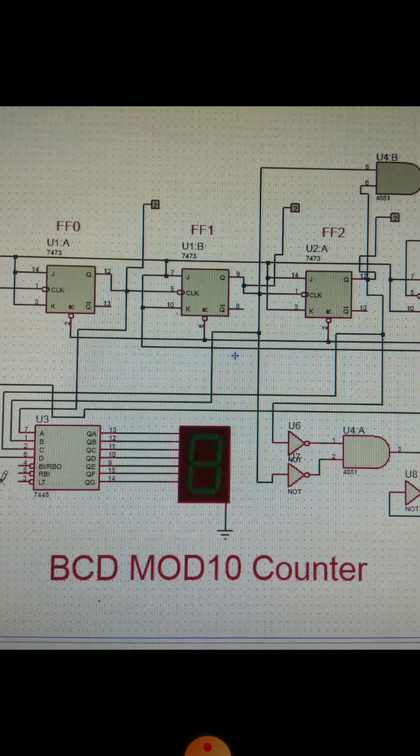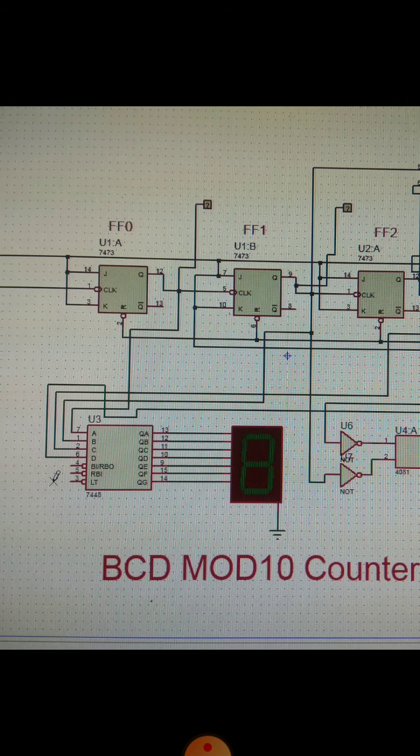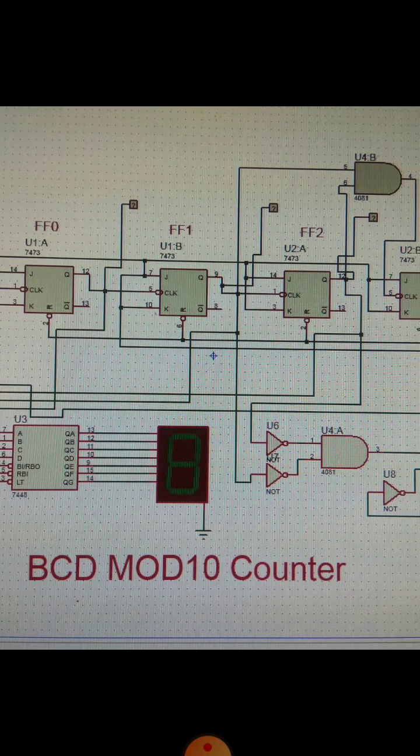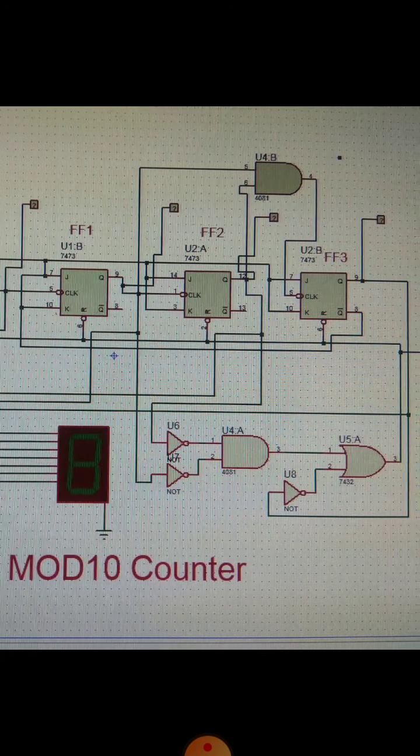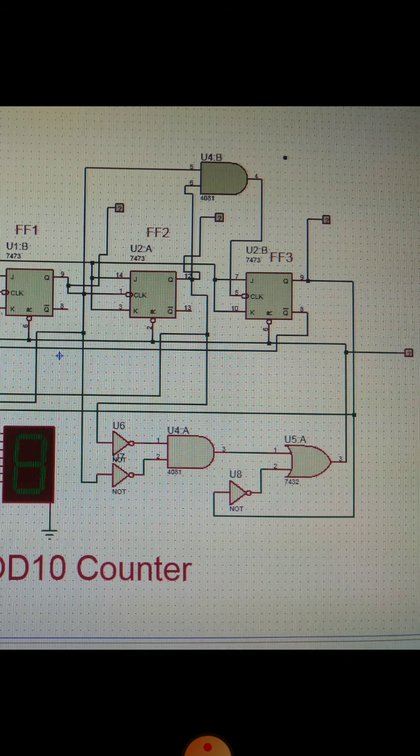And this is your IC number 7448, used for BCD to 7 segment decoder. And this is your 7 segment display common cathode, and you need to ground this pin.